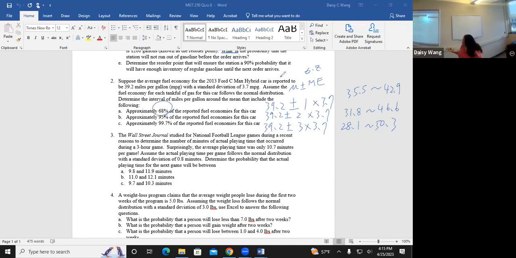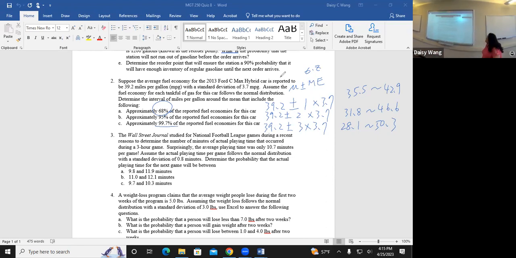So if the company wants to be accurate about what they say, they could say the MPG for this car is around 28.1 to 50.3, and there will be a 0.3% chance that we made a mistake.